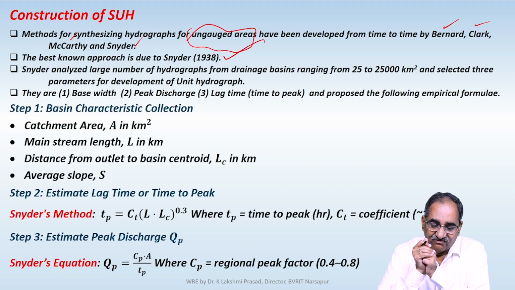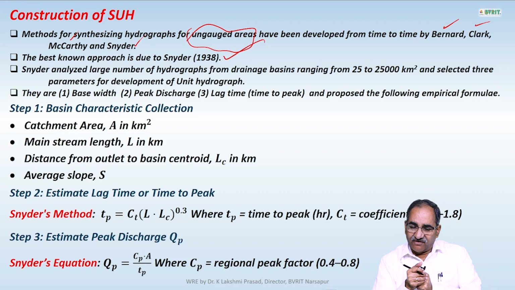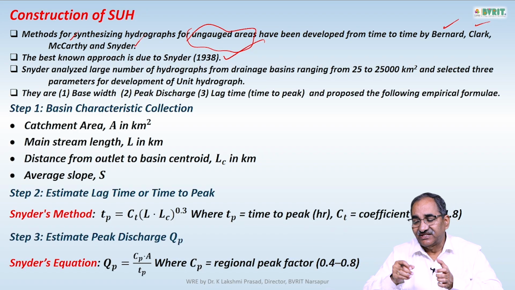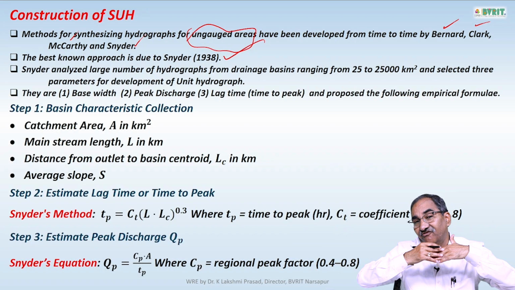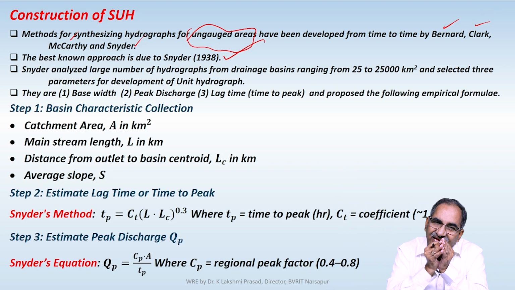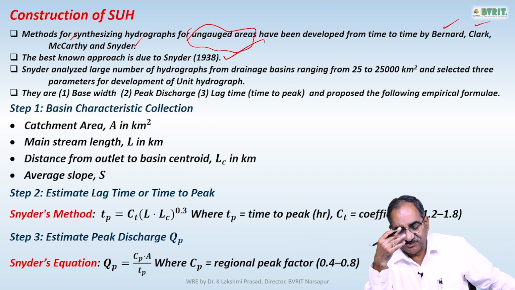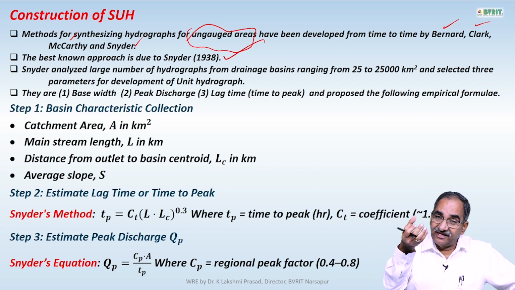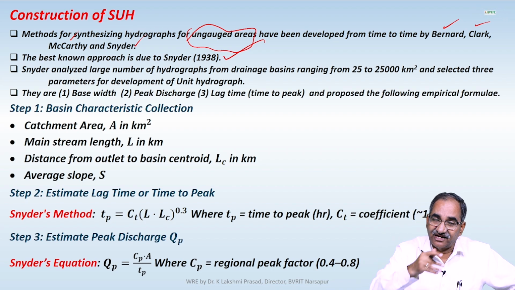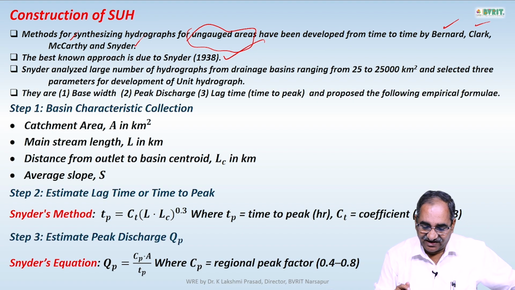Snyder analyzed a large number of hydrographs from different drainage basins, with areas ranging from 25 square kilometers to 25,000 square kilometers. So he took small basins and large basins. That analysis is the basis for his work on the synthetic unit hydrograph.